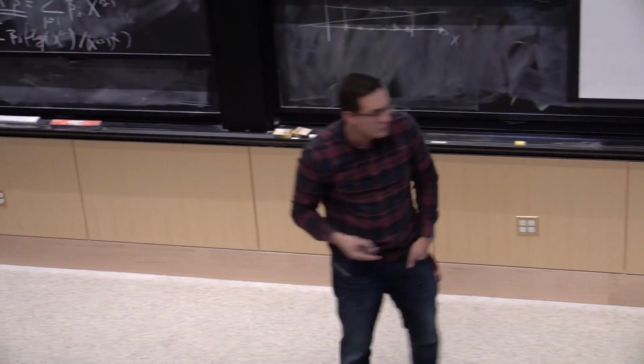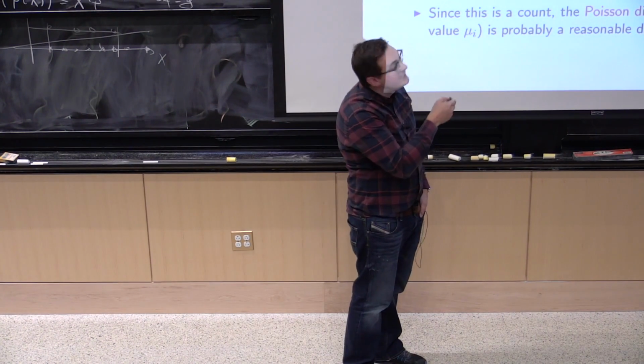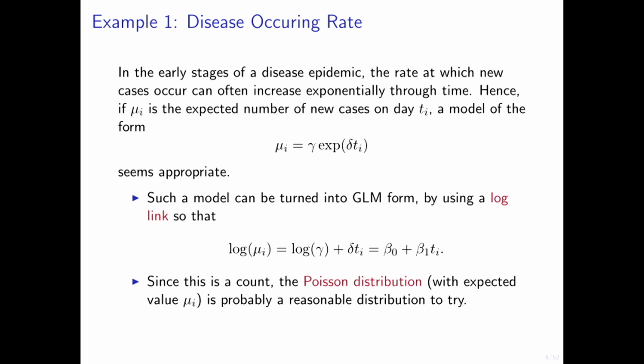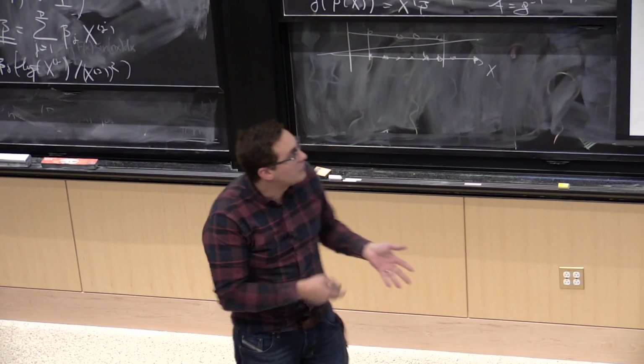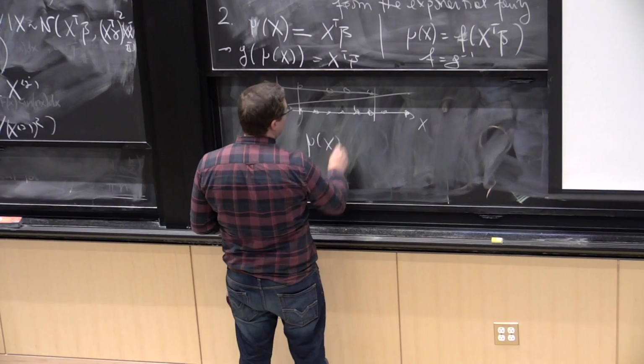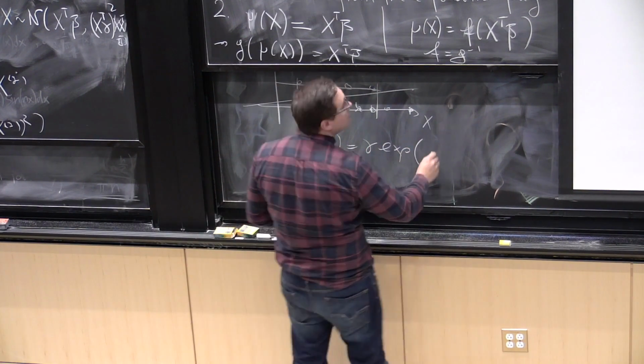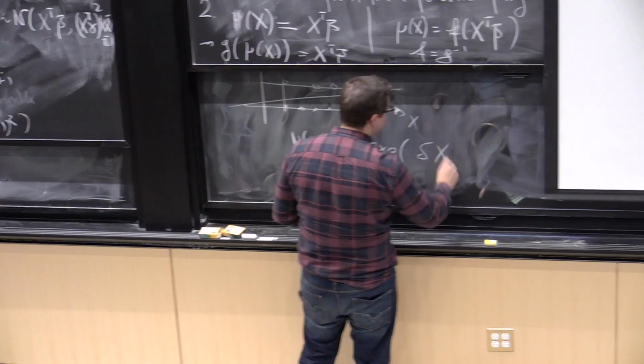I can parameterize that in several ways. And the two parameters I want to slap in is like some sort of gamma, which is just a coefficient, and then there's some rate delta that's in the exponential. Okay? So if I tell you it's exponential, that's a nice family of functions you might want to think about. Okay, so here, mu of x, if I want to keep the notation x, is gamma exponential delta x, right?